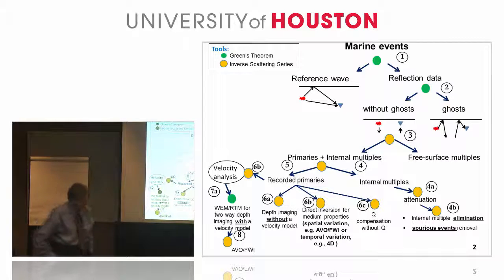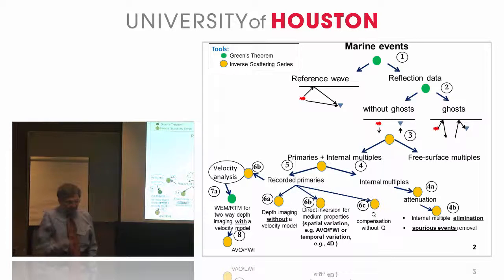So then we said, okay, that's a wonderful theory. It says if you have primaries, that's all you need for the most accurate form of imaging. And then we entered the subject: what are people doing who are deriving benefit from multiples?